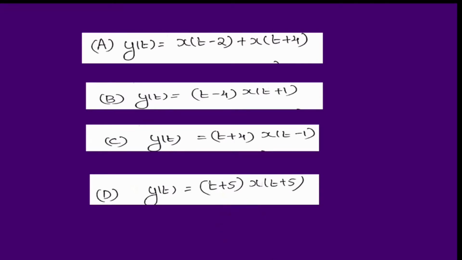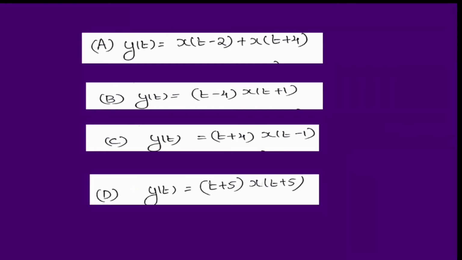Let us first understand this question. Here we have a continuous time system with the input x of t and output y of t. Four options are given for its input-output relationship. And we are asked to find out which of them corresponds to a causal system.